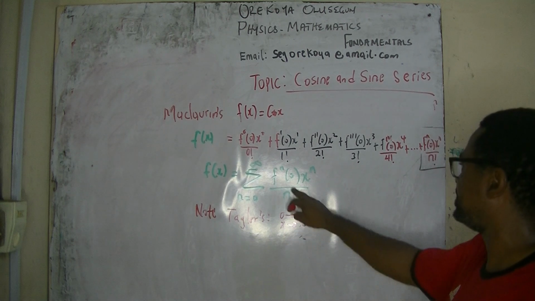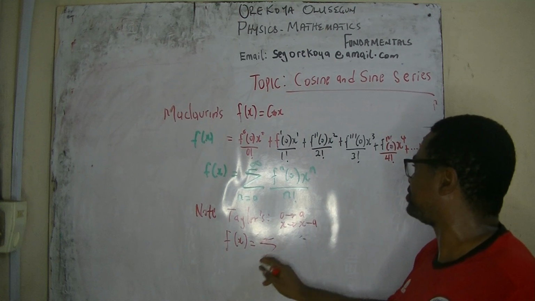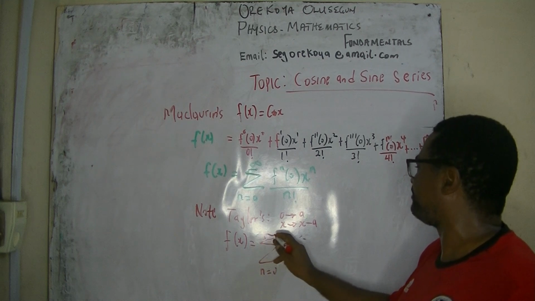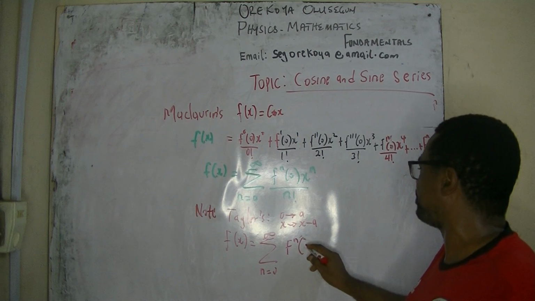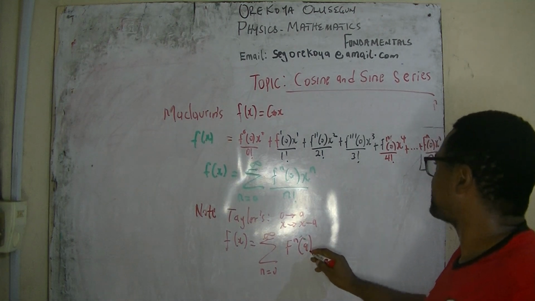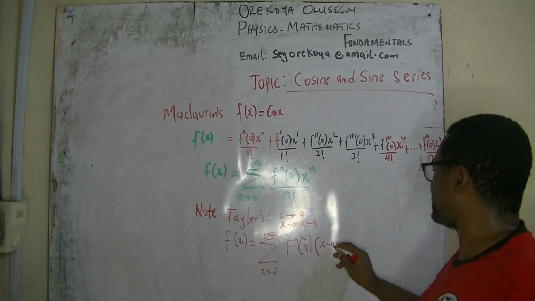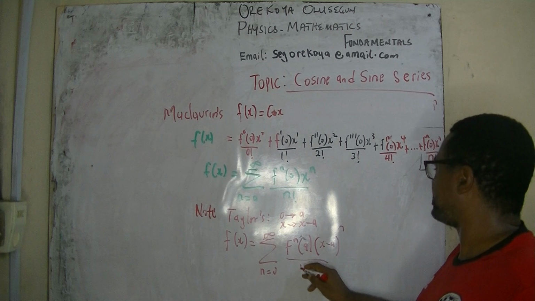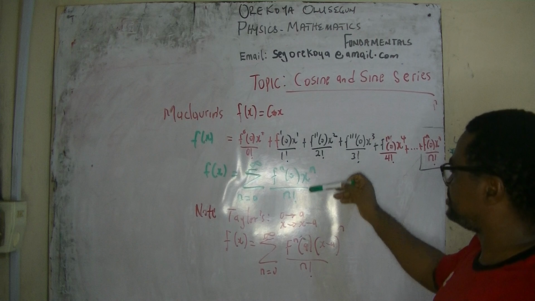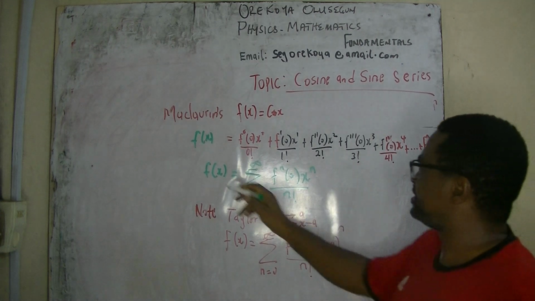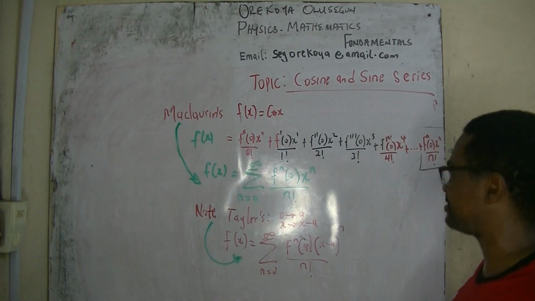So when we substitute this in this place, then my Taylor series becomes f of x is equal to the summation, n is equal to 0 to infinity, of the nth derivative of f at the constant a, instead of 0, then this variable x you put x minus a raised to power n divided by n factorial. So you can see the similarity and the difference between this Maclaurin series and this particular Taylor series. Take note of the two.